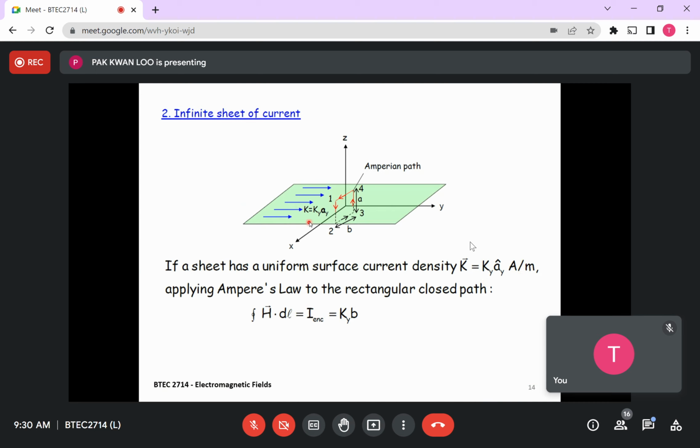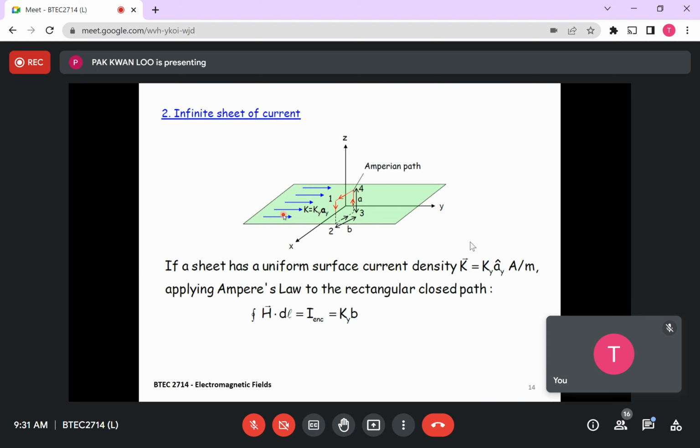Now for the surface current, imagine you have a paper. Normally this paper is actually a conductor, most probably, because only a conductor has the ability to conduct current, due to the motion of charges.